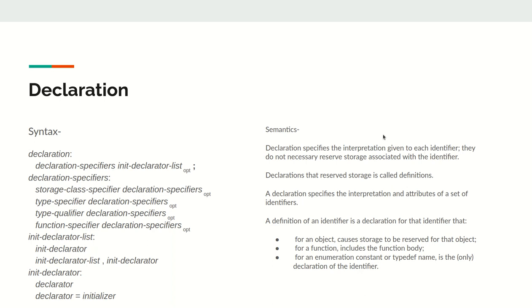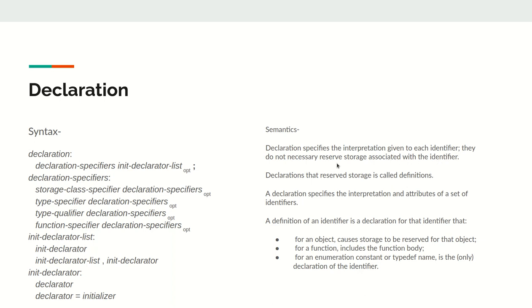That's why we kept only one main as an identifier. We are not able to interpret anything from only that identifier. They do not necessarily reserve storage associated with the identifier. So by just declaring this identifier, there is no storage associated with it.